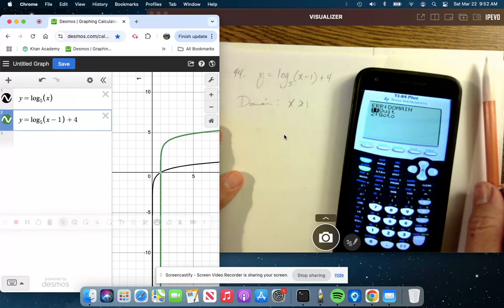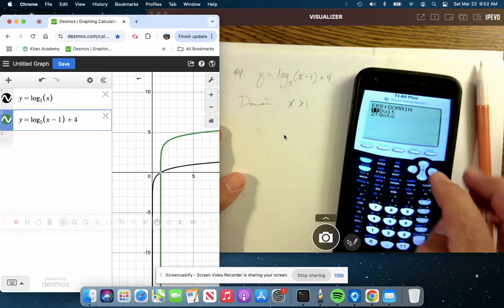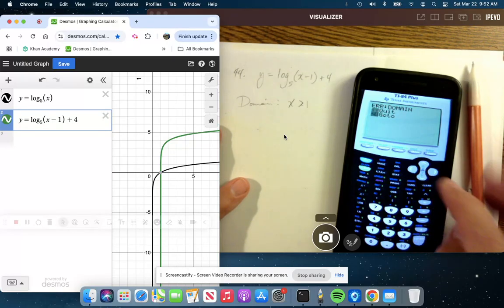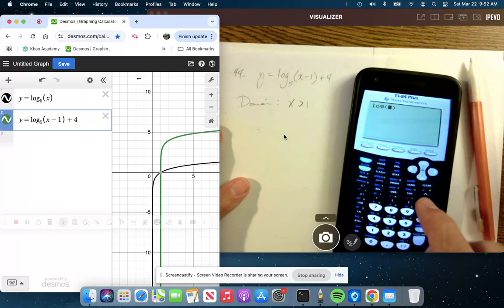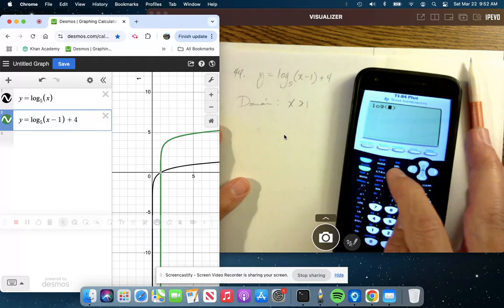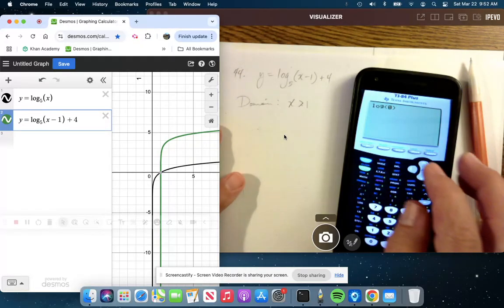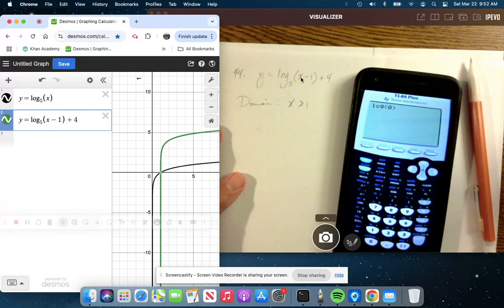Has to be positive, right? So this is a no-no right here. But whenever you do x take away 1, as we do here, now it's 1 that makes it 0, right? So 1 minus 1 is 0. So x has to be bigger than 1 in this case.